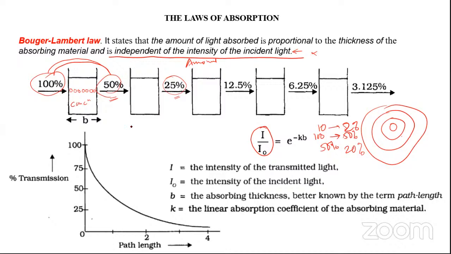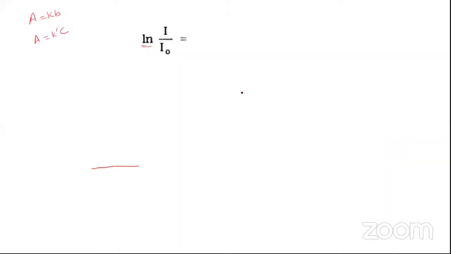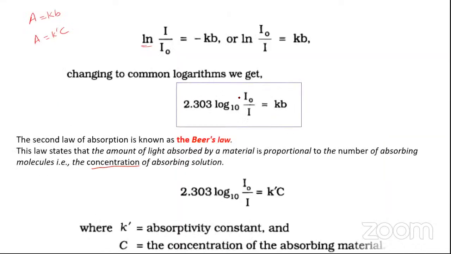But when we derived the relation itself, it was taken to be a ratio. And when you are talking about a ratio, you need to consider both things at the same point of time. So it is actually independent of the intensity of incident light. Now we go further from this point onwards, and we look at some other important aspects.